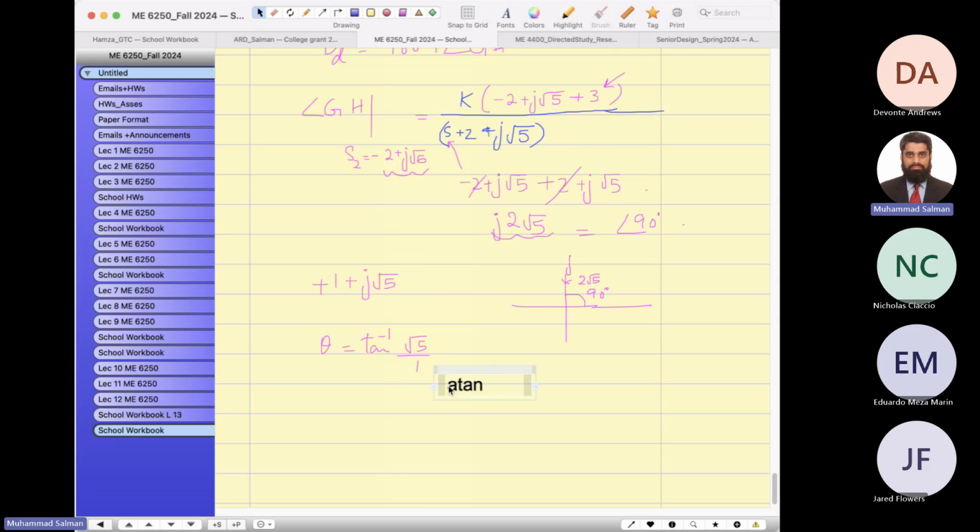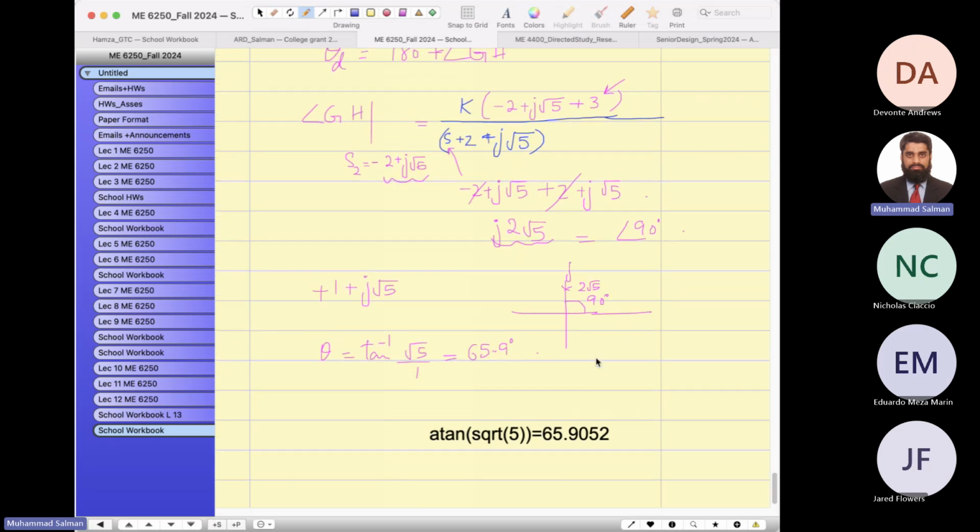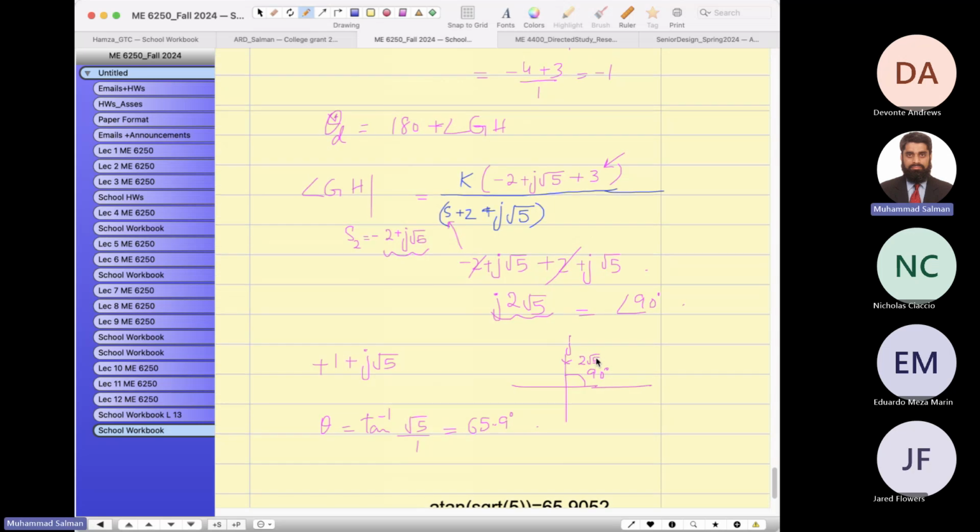Arctan of square root 5, I got 65.9. So this is the angle from the numerator, 65.9 degrees, and the denominator has the angle 90 degrees. So that's good. We have found this angle.